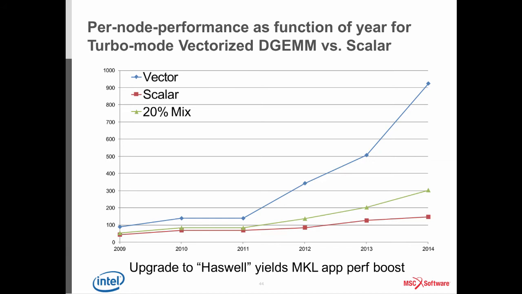And if most codes are more of a mix, the green line shows the relative improvement. But the bottom line is that if you upgrade to Haswell now, this gives AVX2 capability, and the MKL library can use those AVX2 instructions, and you get an application performance boost without MSC having to change any of their software.